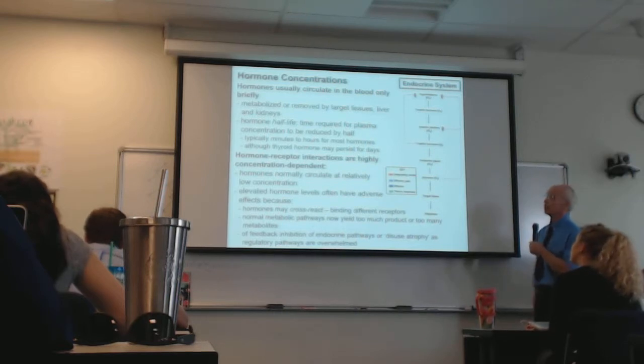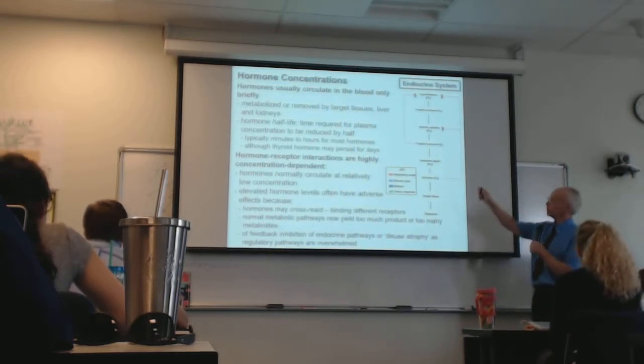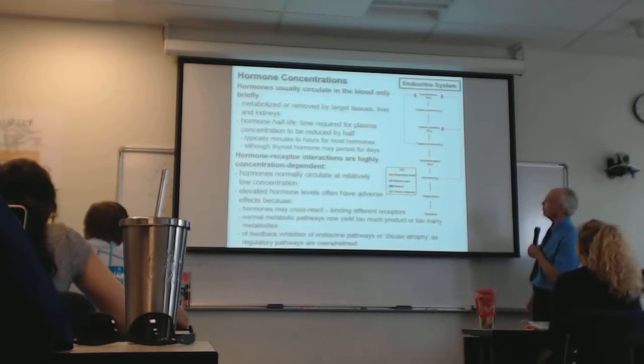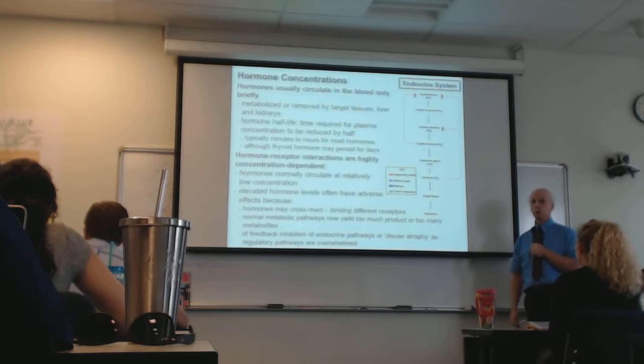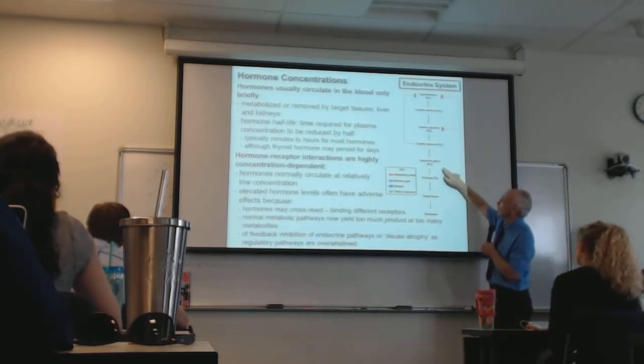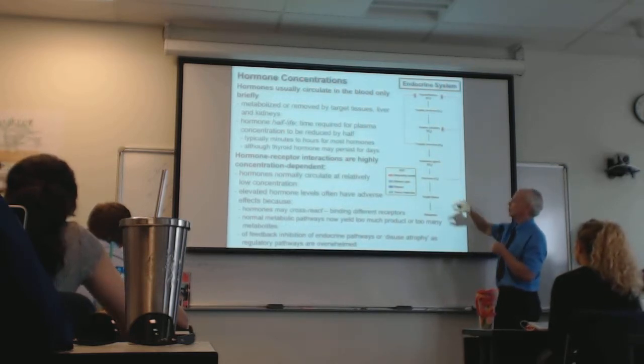At the very top of our endocrine system here, we have the hypothalamus. The hypothalamus is going to release hormones that in turn cause the anterior pituitary to release hormones. Those anterior pituitary hormones then travel throughout the systemic circulation, for example, to bind to receptors in the thyroid gland. And then the thyroid hormone is released.